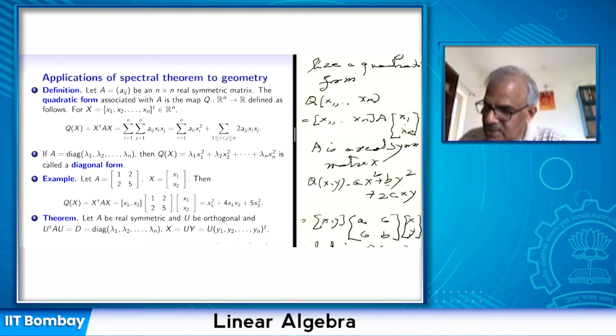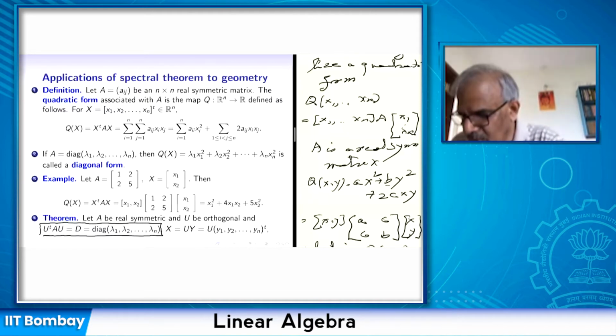Suppose A is real symmetric and U is orthogonal, and UᵀAU is this diagonal matrix. That is the conclusion of the spectral theorem for real symmetric matrix. It says that a real symmetric matrix has a basis of eigenvectors which form an orthonormal basis of Rⁿ. And if I construct the matrix U whose column vectors are the eigenvectors of A, then UᵀAU is a diagonal matrix.